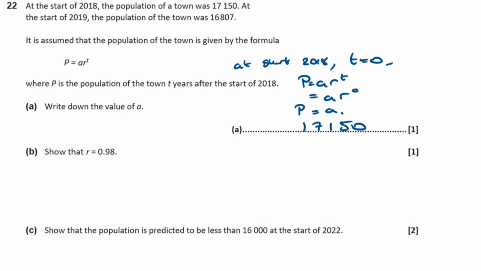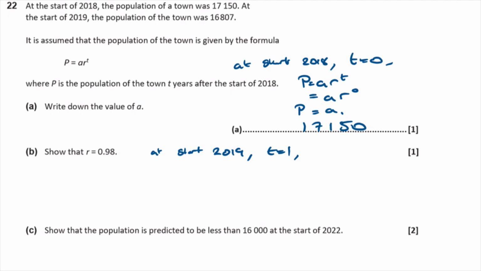Okay, so right, show that R equals 0.98. Now we know what A is, we can take the other value. At the start of 2019, T is equal to 1, isn't it?